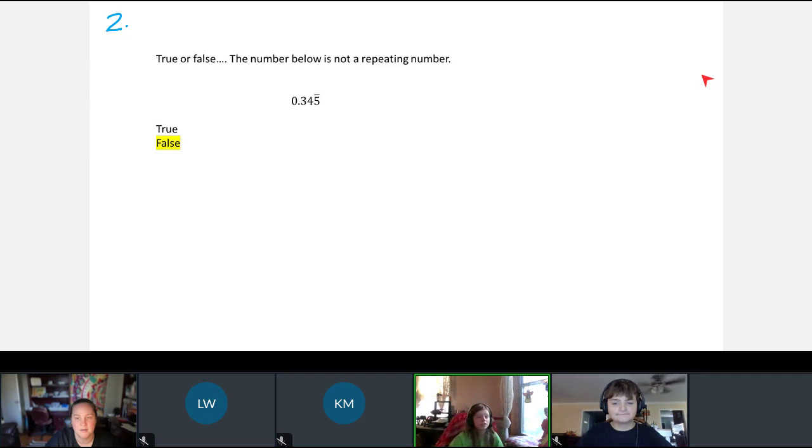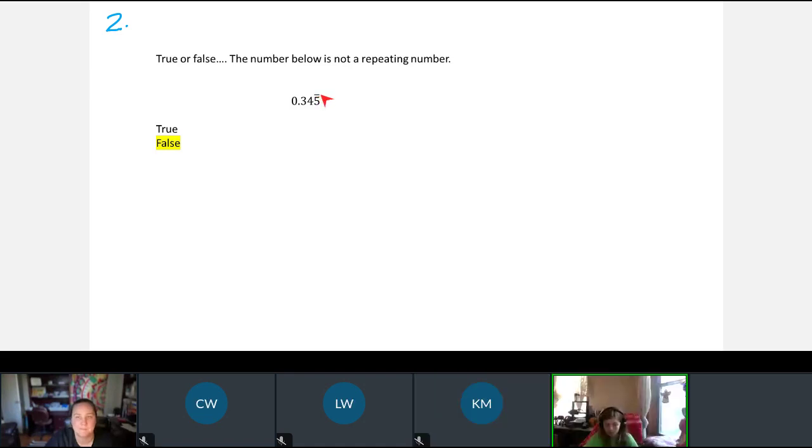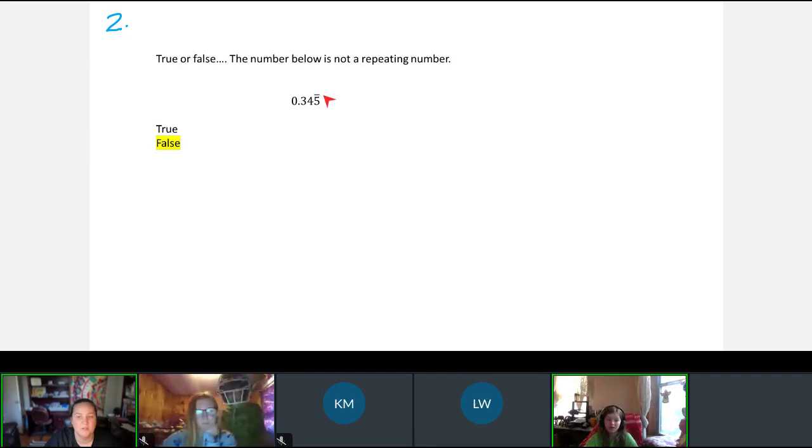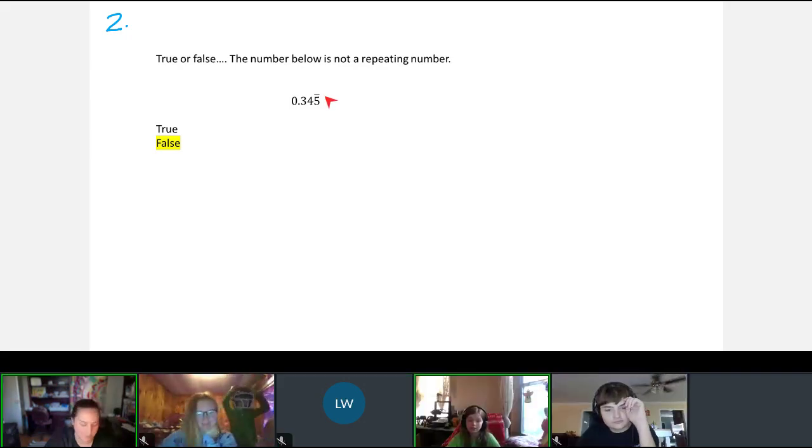The 3 digits behind it, if there is 3 digits or more, and if it is rounded up, that also means that it is a repeating number. Yeah, that's what we're looking for. The line over that 1 means that it's not a repeating number. So the line that's over this 5 tells us that the 5 is repeating.